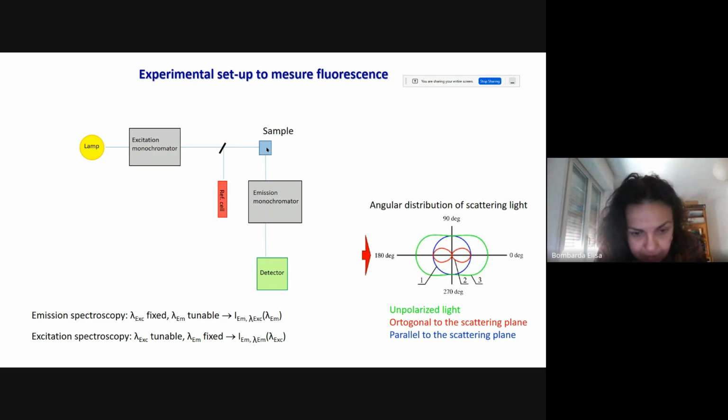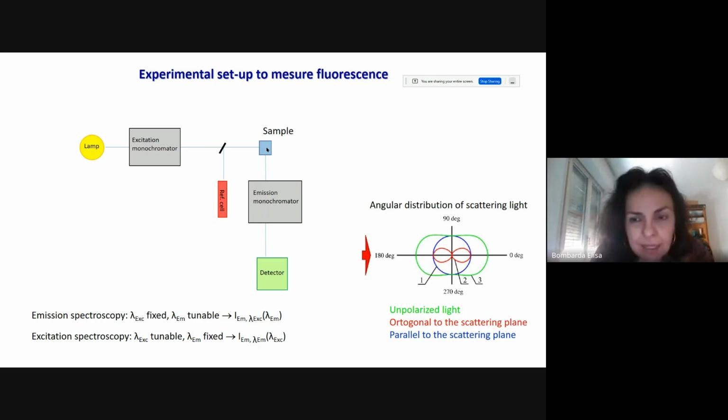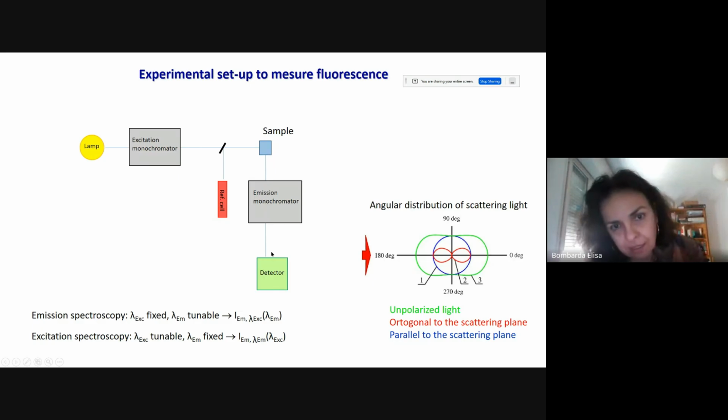Since they are little particles, and it can also be scattered by particles, dirty stuff that should not be there but is there in your solution because it is not fully pure. The intensity of the scattered light is really much more than the signal of fluorescence. And so we detect fluorescence at an angle where we minimize the scattered light.